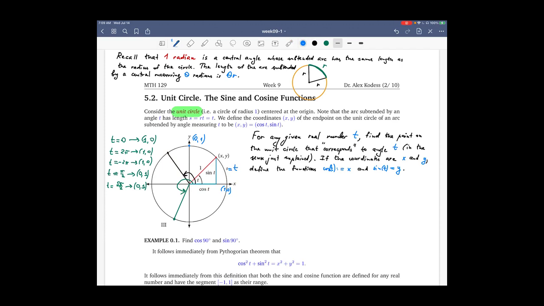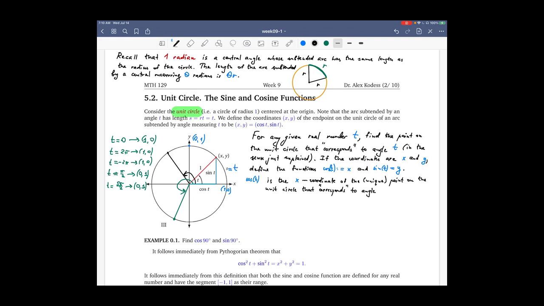So in other words, cosine t is the x-coordinate of the unique point on the unit circle that corresponds to angle t.